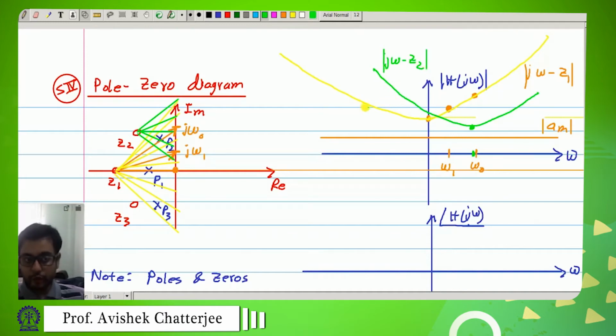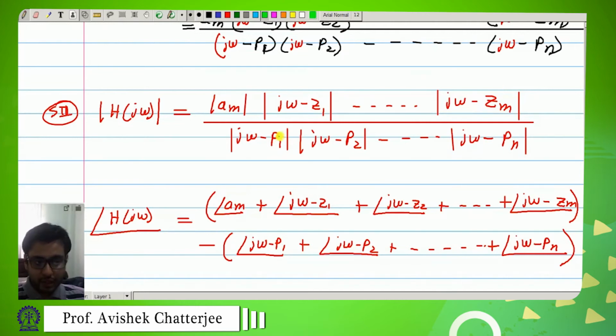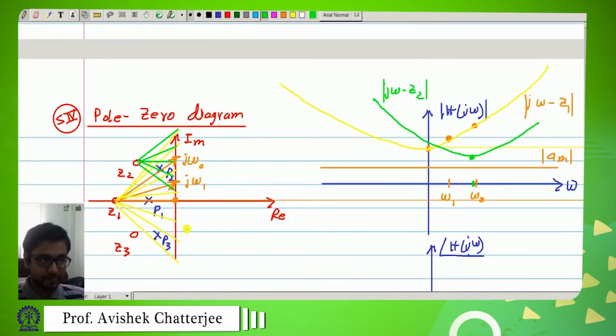In this way you have to plot these terms for Z1, Z2, Zm, all of them, and then multiply them together. Also you have P1, P2, Pn in the denominator, so you have to do the same thing and then divide these terms. Okay, so that's how you can plot the magnitude response from the pole zero diagram.